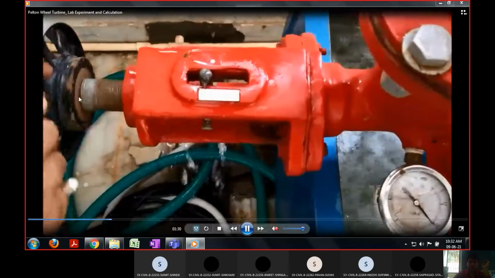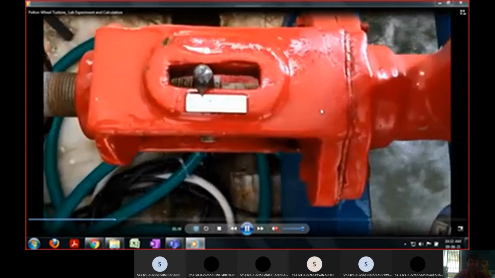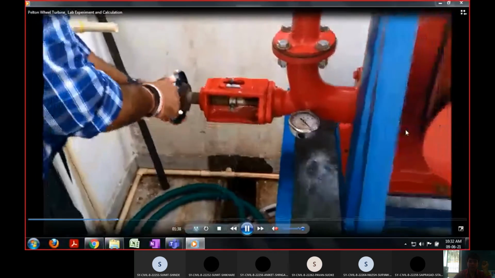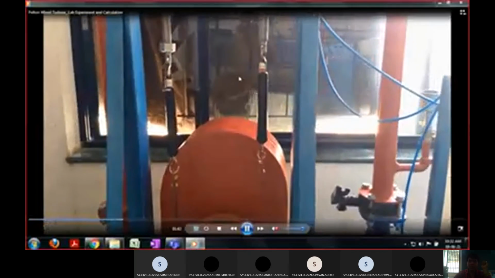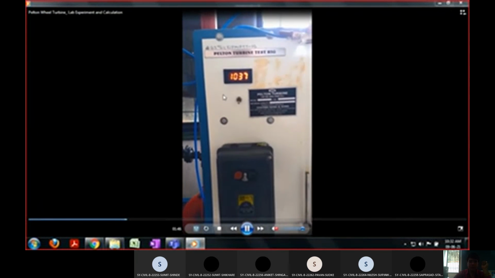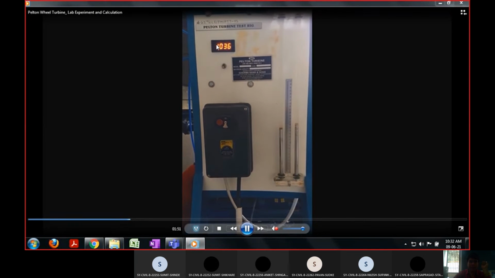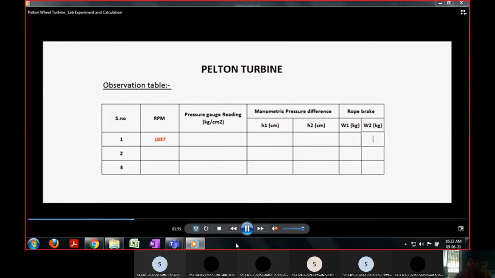By opening or closing this valve, we can increase or decrease the discharge, to maintain the specific speed of the turbine. Then here we have a speedometer, known as the speed dial gauge, over which you can measure the speed of the turbine.